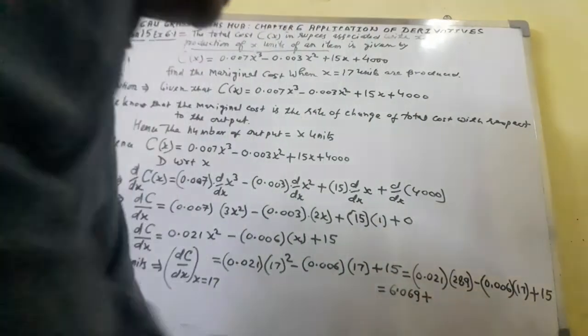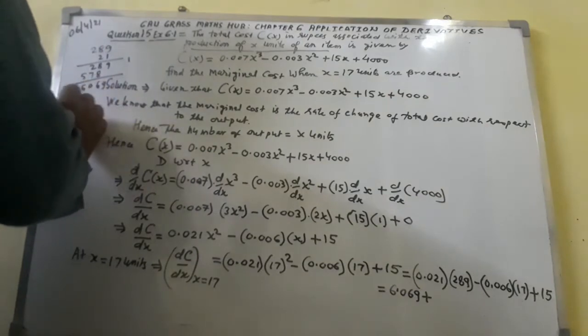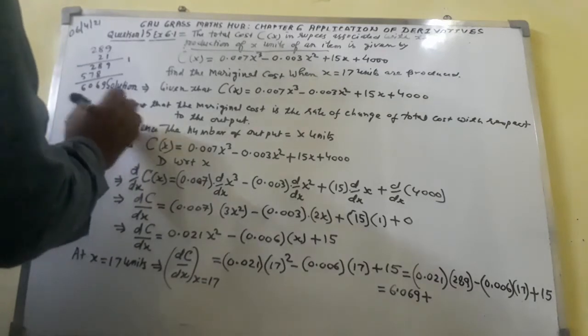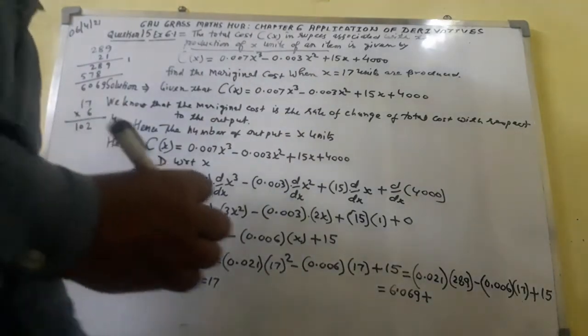That's why this decimal will be put at this place: 6.069. Plus, 17 will multiply by 6. 7 sixes are 42, 6 ones are 6, 4 plus 6 is 10. We shall get 102. Here I shall write 0.102, 3 digits after the decimal, plus 15.